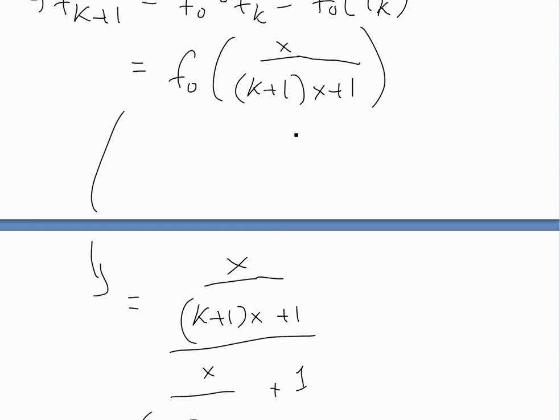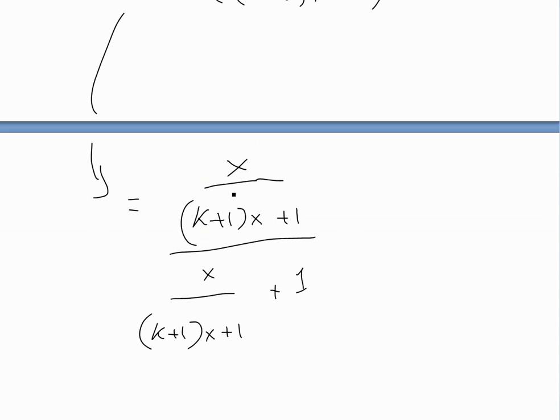And when we plug this function inside f of 0, which was just x divided by x plus 1, we just plug it into whatever the x was. So we get something like this. And now we multiply this top and bottom by the common denominator, which is k plus 1 of x plus 1 here. So the same thing here, and then we can add up this one here.